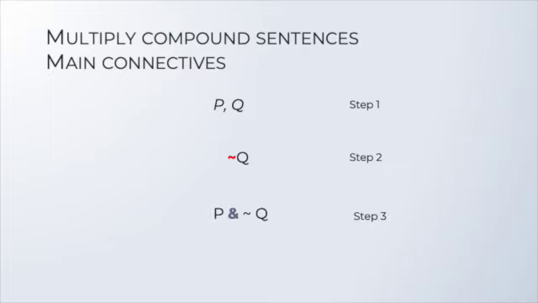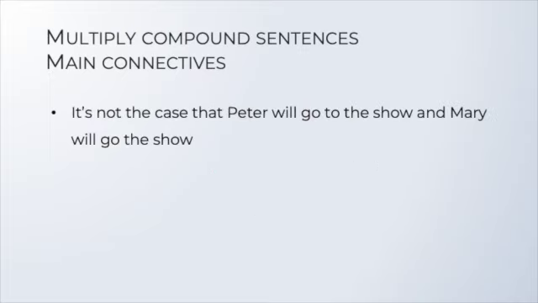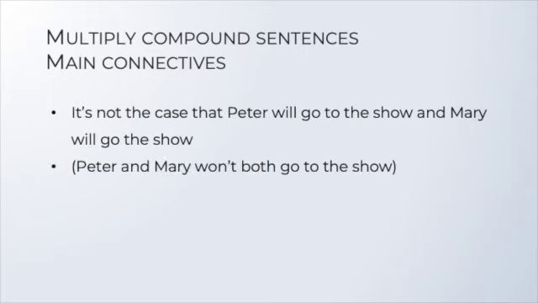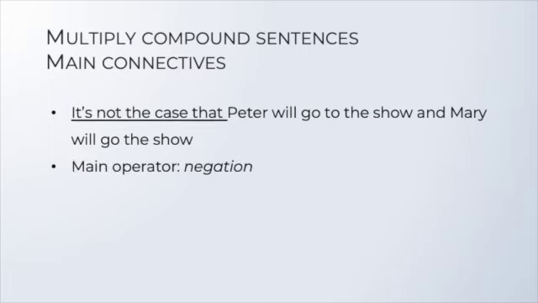To see the difference between having the tilde or the ampersand as main connective, consider the English sentence, "It is not the case that Peter will go to the show and Mary will not go to the show." Or its more natural equivalent, "Peter and Mary won't both go to the show." Here the main operator is the negation, since what the sentence does is basically deny the proposition that Peter and Mary will go to the show.